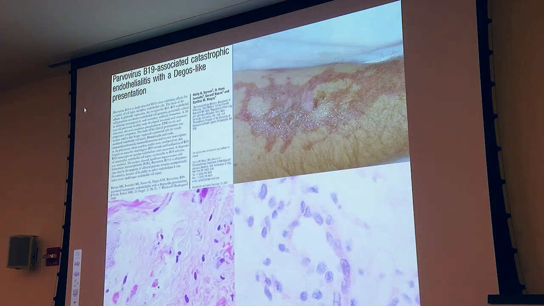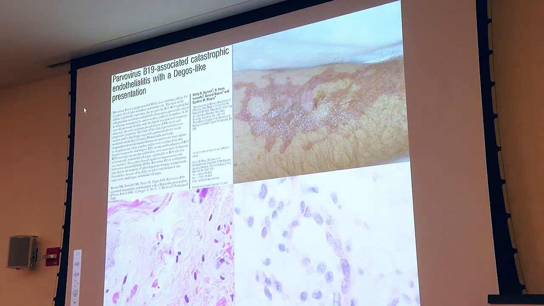And in our study that I just showed you that proposed that the microangiopathy and arteriopathy of Degos is linked to C59 and MXA, we did show RT in situ PCR expression for parvo in a few of the cases.